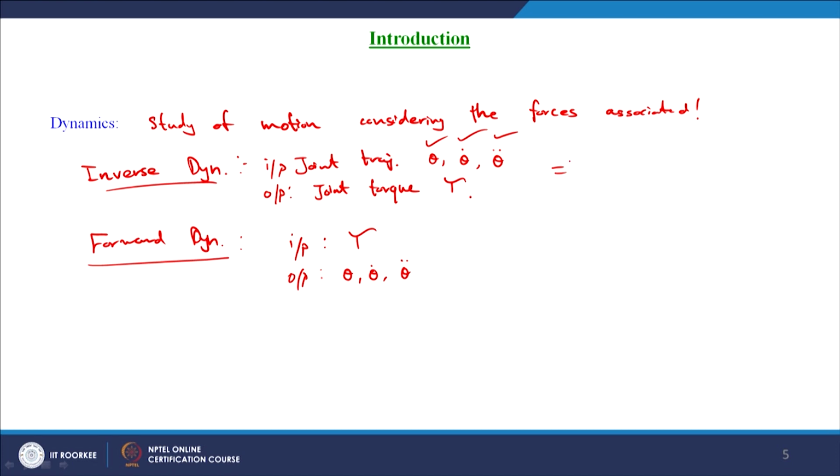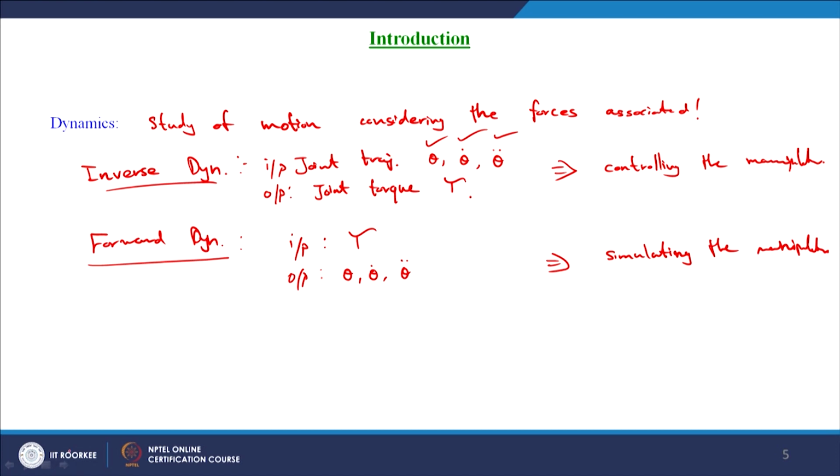The inverse dynamics is useful in controlling the manipulator, whereas the forward dynamics is useful in simulating the manipulators. Thus, inverse dynamics is meant for control of manipulators and forward dynamics is meant for simulation of manipulators.